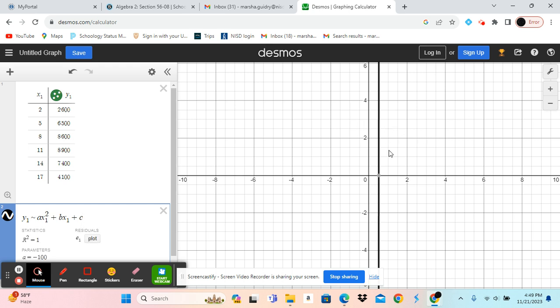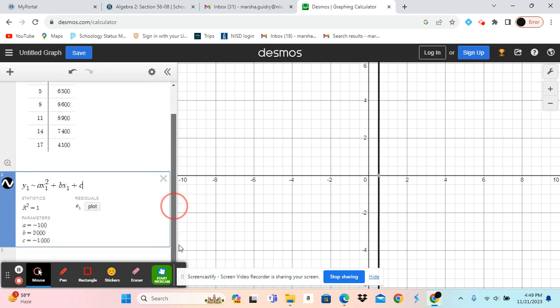And we get another equation here. We get another graph. All right, so let's talk about what this problem is asking us. Well, first of all, our a value is -100, our b value is 2,000, and our c value is -1,000. Okay, so those are our values right there.